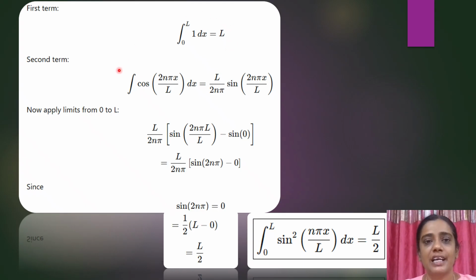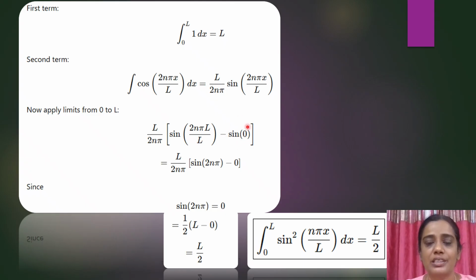Let us take the second integral term, that is, integration over 0 to L cos 2 n pi x by L into dx. When we integrate it, we get L by 2 n pi sine of 2 n pi x by L. Apply the limits, upper limit minus the lower limit, we get L by 2 n pi times sine of 2 n pi L by L minus sine of 0.